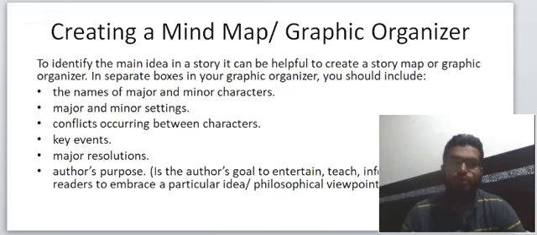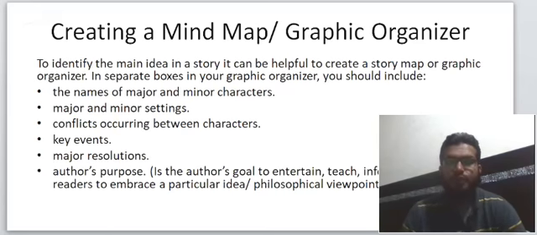So in order to identify the main idea in a story, it can be helpful to create a story map or graphic organizer. Now in separate boxes in your graphic organizer, the things that you should include are the names of major and minor characters, or you can say major and minor points. Similarly, major and minor settings. Settings here means places.